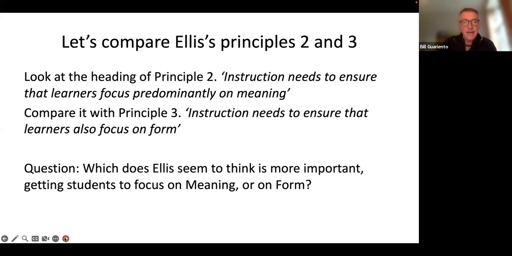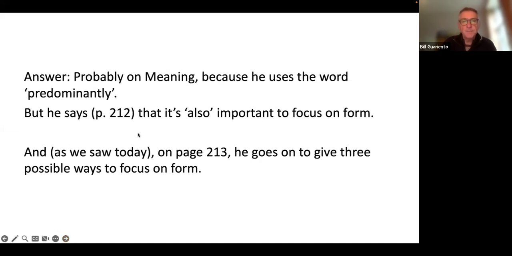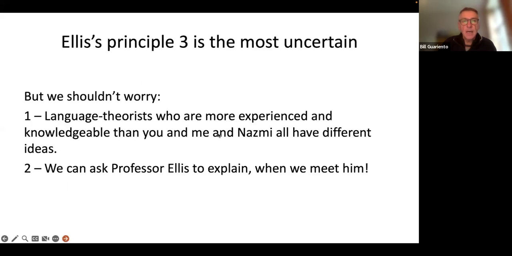And I'm not worried. For me, Ellis's principle number 3 is the most uncertain. But we shouldn't worry for 2 reasons. One, language theorists who are more experienced and more knowledgeable than you and me and Nazmi all have different ideas.